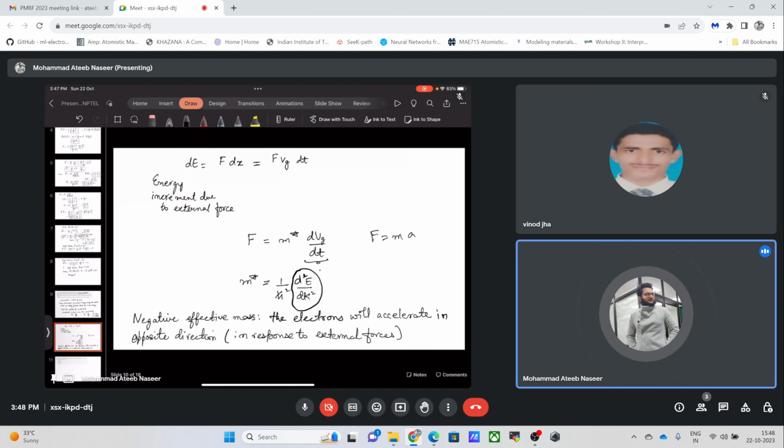Since the external force evolution was given by this effective mass, the electrons will accelerate in the opposite direction. What does this statement tell us?